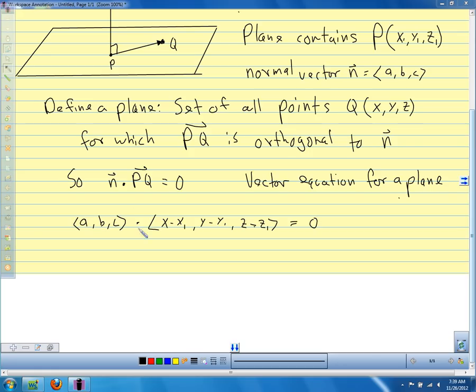Now I'm just going to expand this dot product, and I get a times x minus x1 plus b times y minus y1 plus c times z minus z1 equals 0. So I just expanded this dot product. This is our standard form for the equation of a plane.